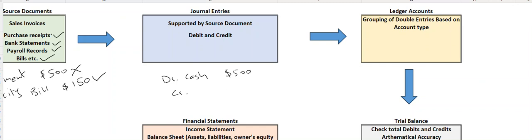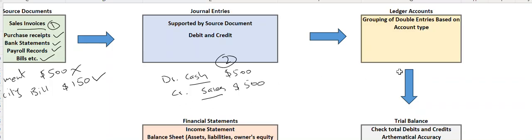You made the sale, so for that you generated a sales invoice. That would be your first point. Okay. So using the sales invoice, you are going to pass the journal entry, which would be debit cash and credit sales. All right. So this would be your second step.